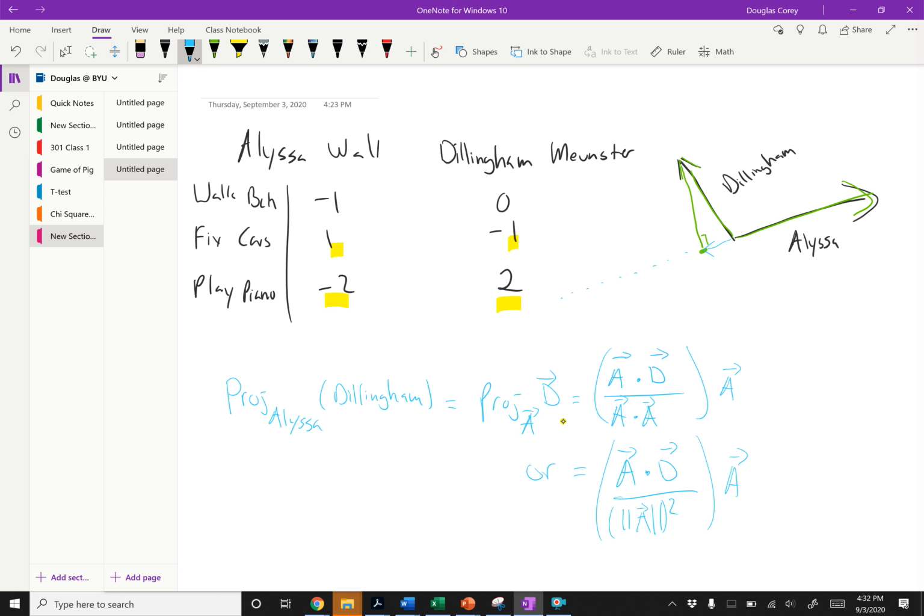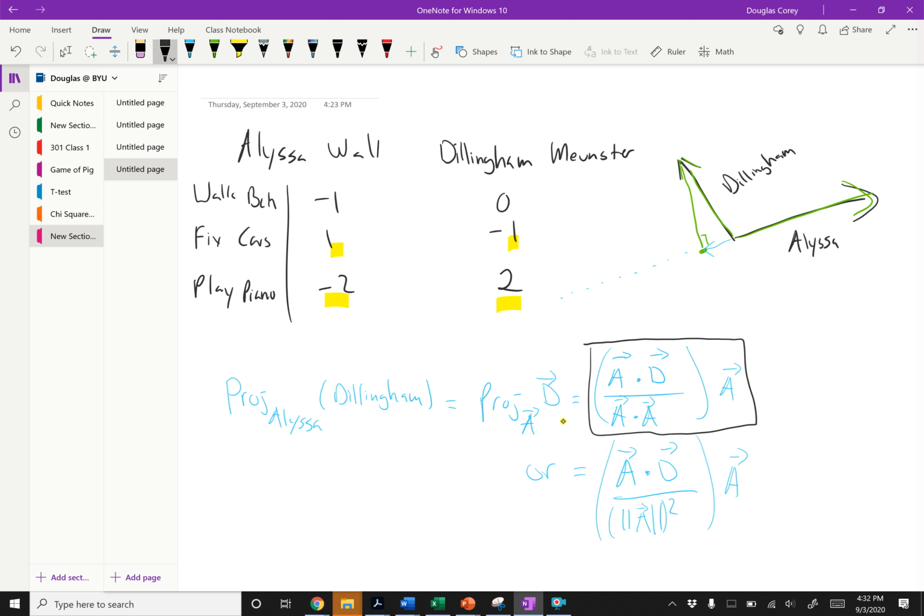So I wrote down the formula. Down here, I just substituted Alyssa and Dillingham with A and D for their vectors to keep things short. And the formula over here is just the one from the book, or the one we derived in the peanut butter book. The way it's written now, because they simplified some things, it's hard to interpret what this means right away.